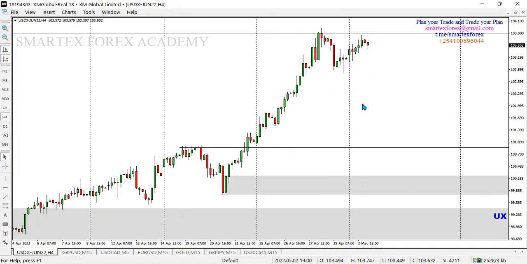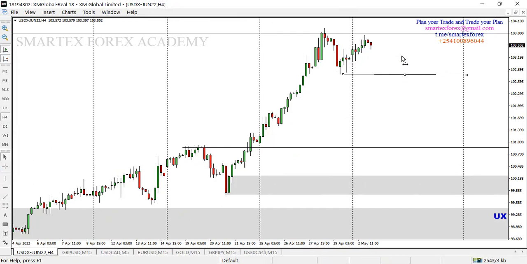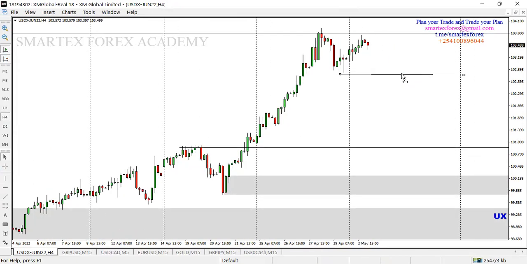So if the price goes below this level, well, this is our range, this low and this high.